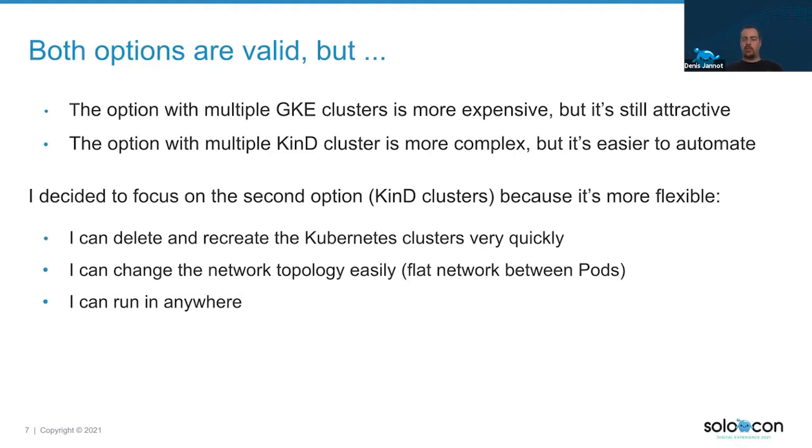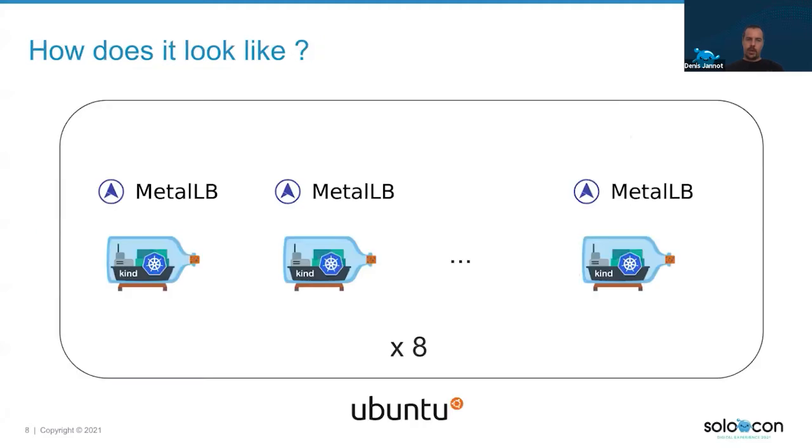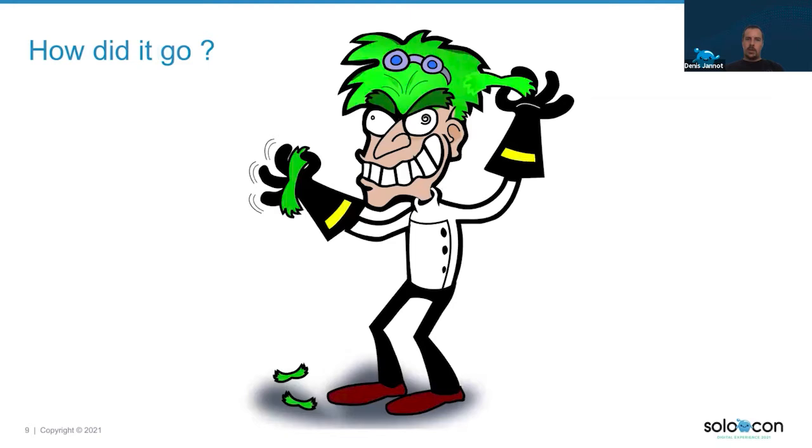So it was providing a lot of advantages. And I ended up being able to deploy 8 Istio control planes. So you can see here 1 Ubuntu VM, my 8 kind clusters, and MetalLB running on each of them so that I can create service type load balancers and so on.